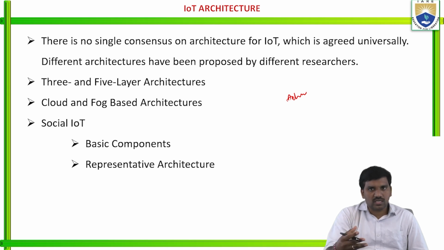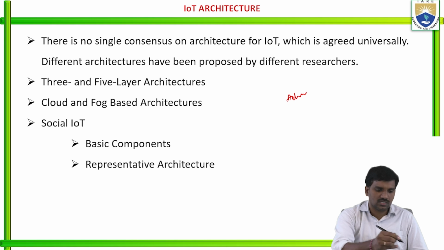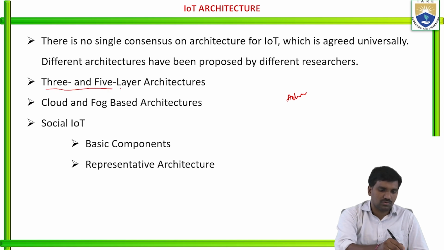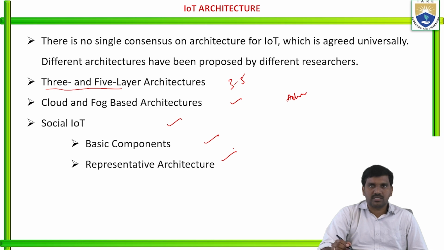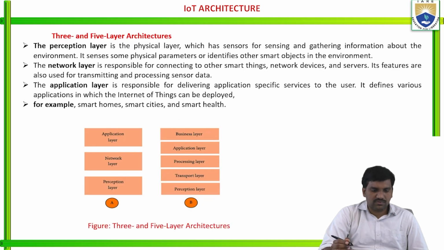So in IoT architecture also we have different layered architectures. First we are going to discuss three and five layer architecture. Next, cloud and fog based architecture. Then, in social IoT, the basic components and representative architecture. Let's start with the 3 and 5 layer architecture.